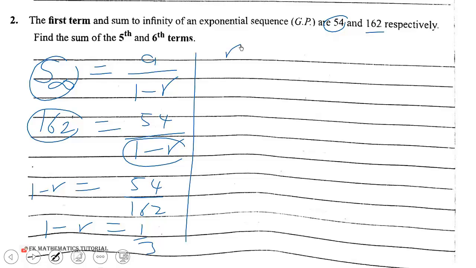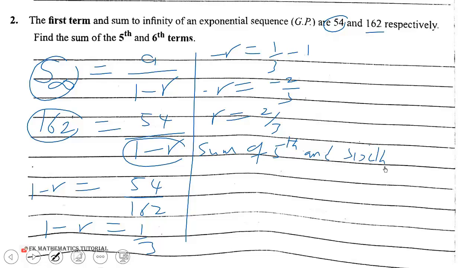So negative r will be equal to 1 over 3 minus 1, so negative r will be equal to negative 2 over 3. Therefore, r will be equal to 2 over 3. So the sum of the fifth and sixth terms will be equal to ar exponent 4 plus ar exponent 5.